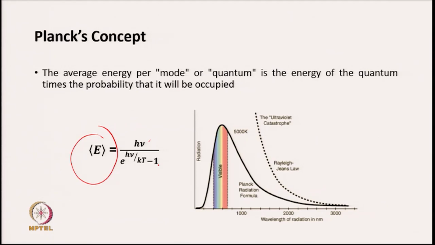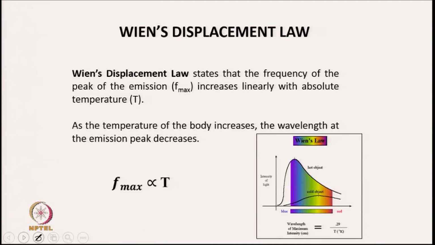And when he used this formula, he was able to explain the experimental observation. The Wien displacement law tells you how temperature affects the frequency of the emission maximum.